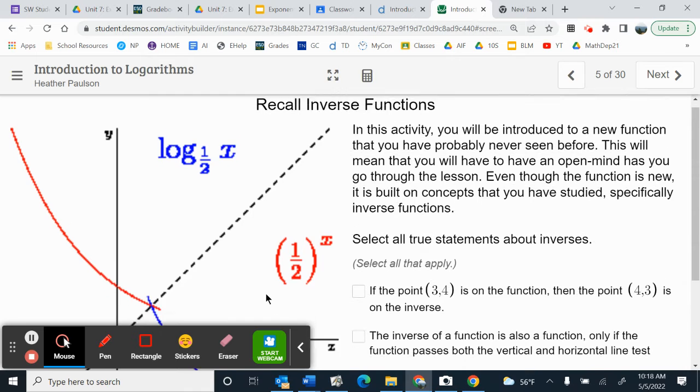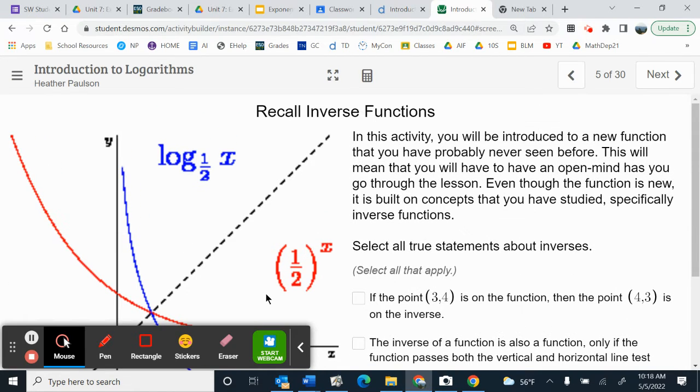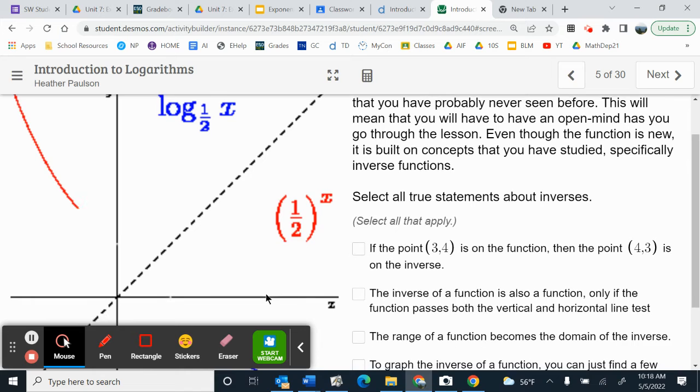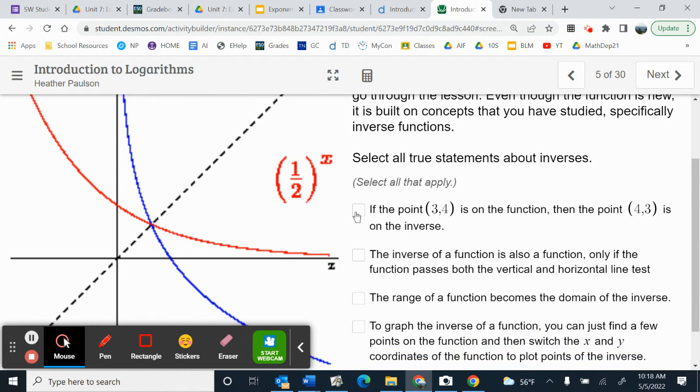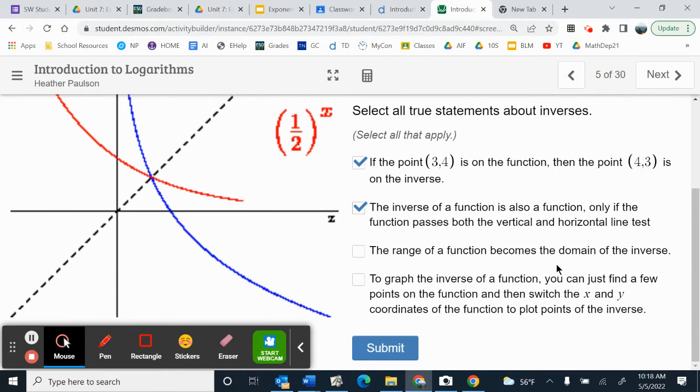Now, here is a picture of a graph of logarithms and an exponential function. All of these pieces are true for inverse functions. We switch the x's and the y's for the inverse. The function will pass a vertical line test, and the inverse passes the horizontal line test.